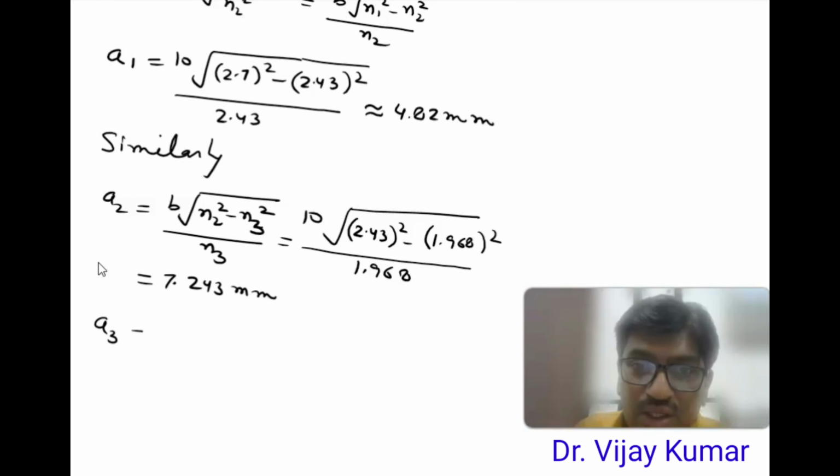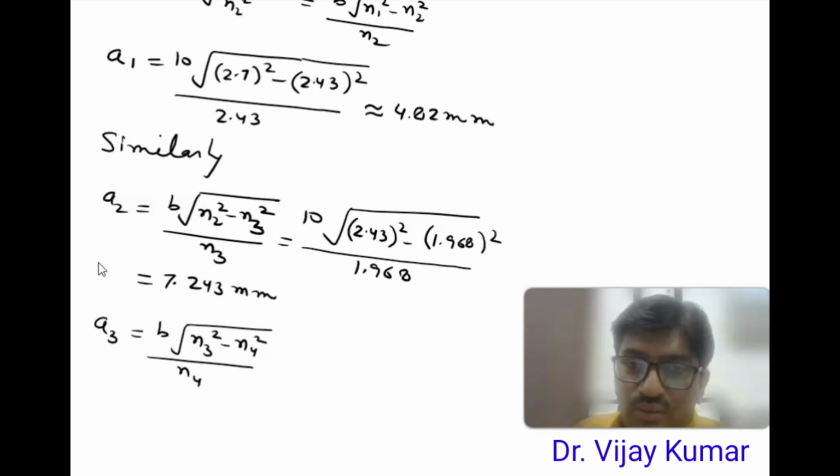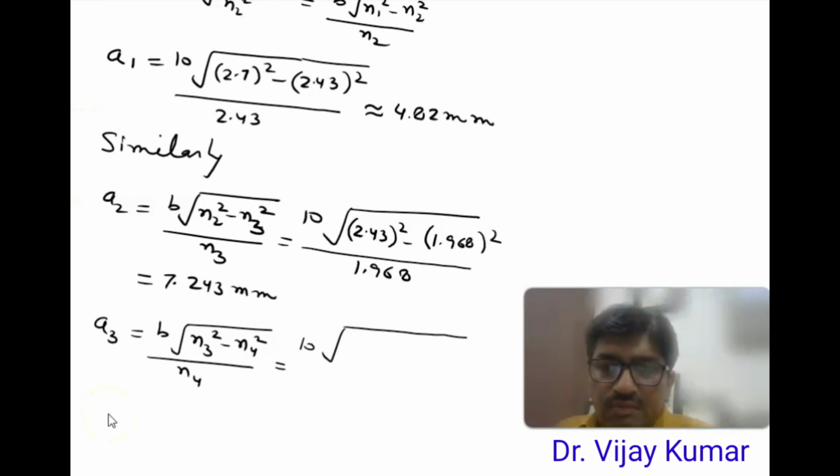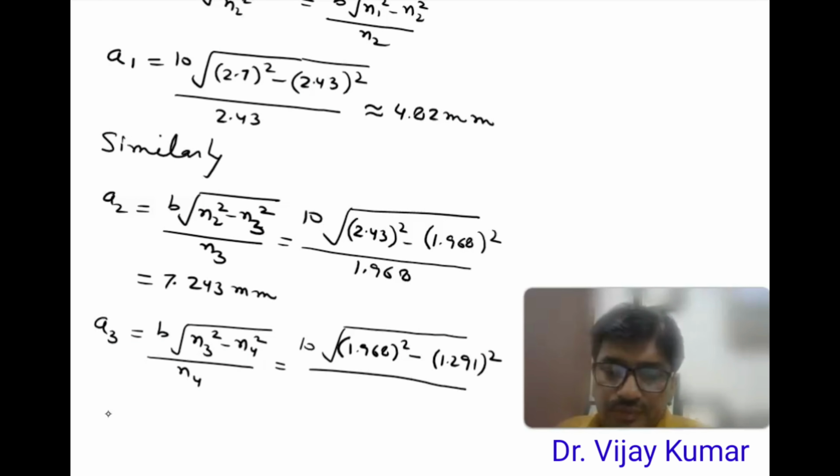And we can also determine the value of A3, B under root N3 square minus N4 square upon N4. 10 under root 1.968 square minus 1.291 square upon 1.291, and it becomes nearly 11.51 millimeter.